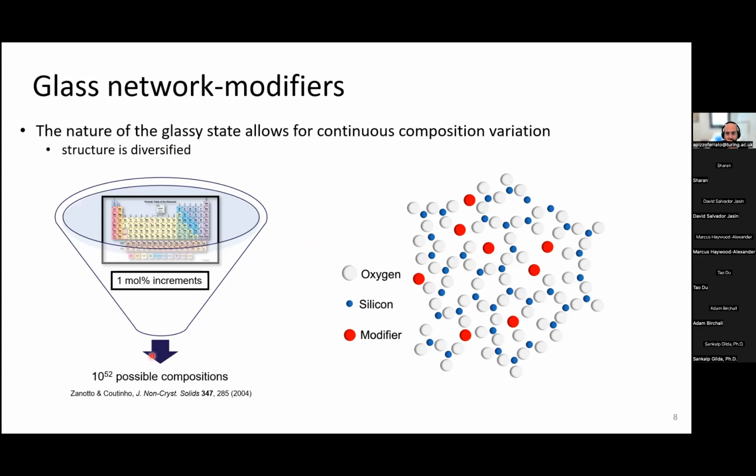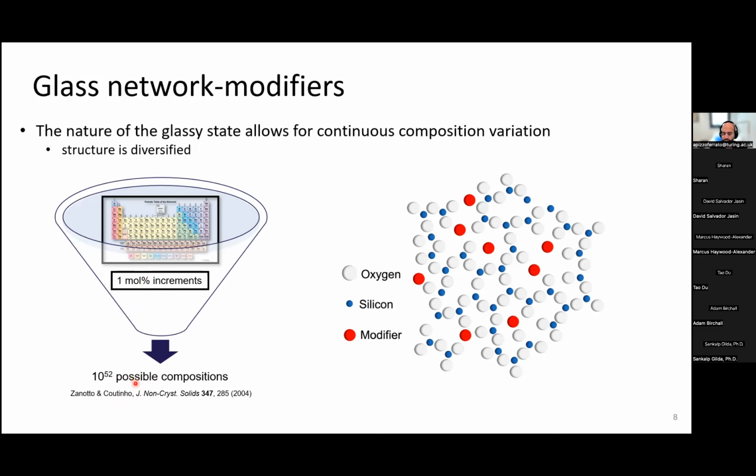So the number of possible ways that we can form these glasses is tremendously high. You can, of course, count this in different ways. If you take some of the typical elements that are not too toxic, not radioactive, and so on, and you vary each of them by 1%, you can end up with a number like this. The exact number is maybe not so important, but just to say it's enormous.